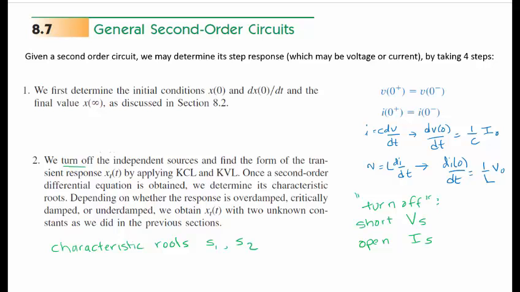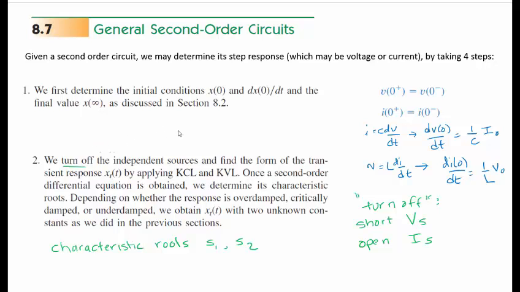As you simplify a circuit, it may turn into a first order circuit instead of a second order circuit, in which case you'll go back to the solutions that you had in chapter 7 for a first order differential equation, which has an exponential response with only one exponent in the exponential.